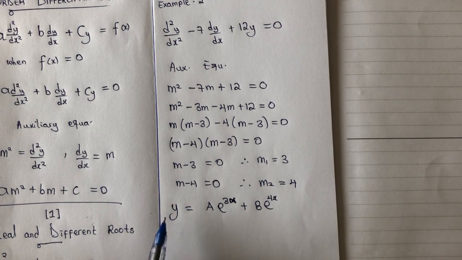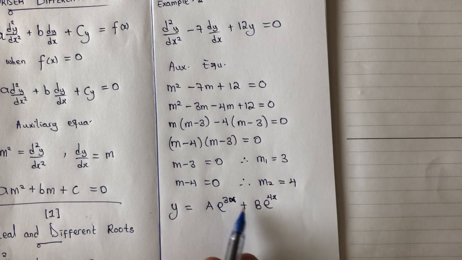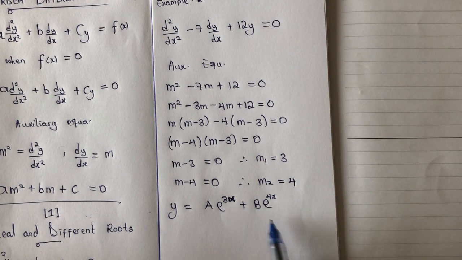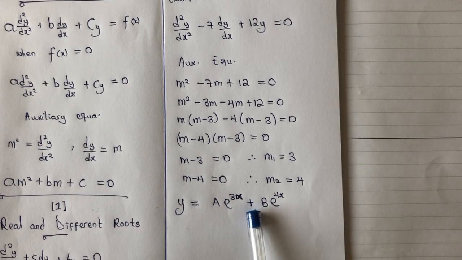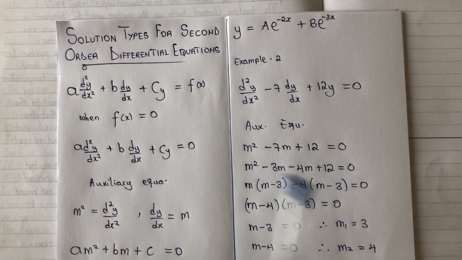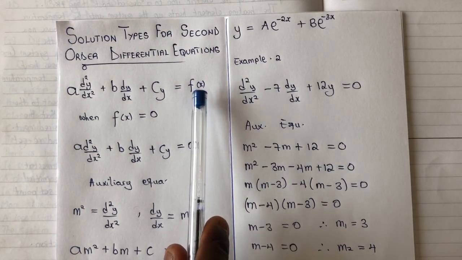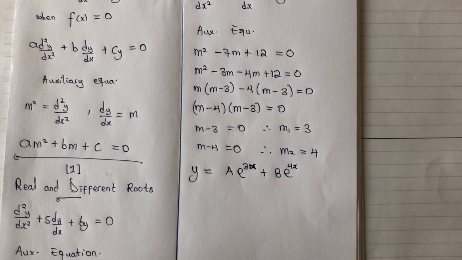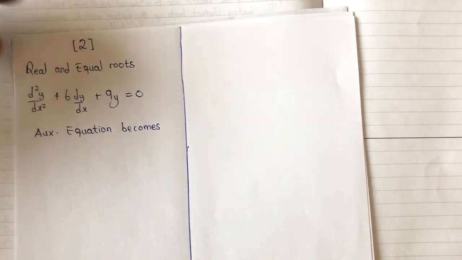So we have y equals ae^3x plus be^4x, and this is our solution for your complementary function. You then find the solution for the particular integral function. You add it to this one to generate your general solution, but that is not what we are doing. Let's talk about the next solution type.